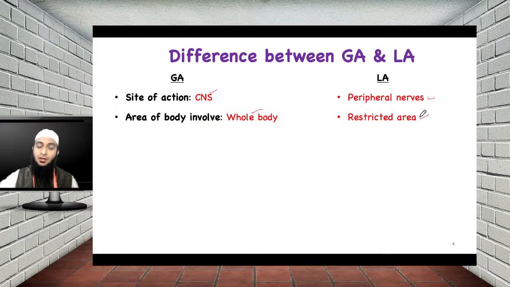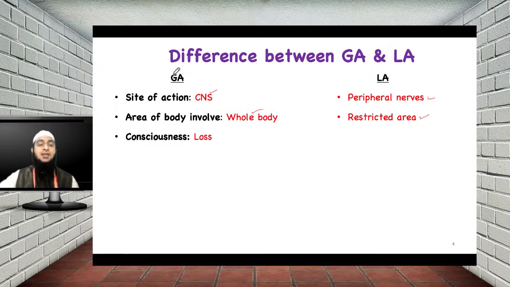So whenever you want to perform a minor surgery at a particular part of the body, there you just apply local anesthetics or give an injection of the local anesthetics, so that you can reduce perception of the pain in that particular area only. So the area of body involved for general anesthetics is the whole body, whereas for local anesthetics a restricted part of the body is involved.